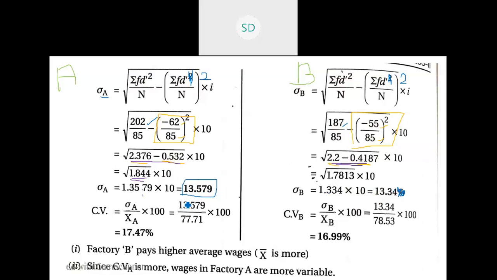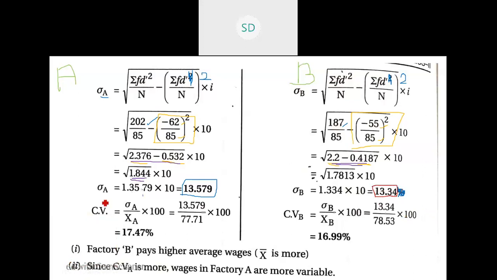Similarly, when you take the square root for B, you get 1.334, which multiplied by 10 gives 13.34. So 13.34 is the standard deviation. Do not take this as a percentage.